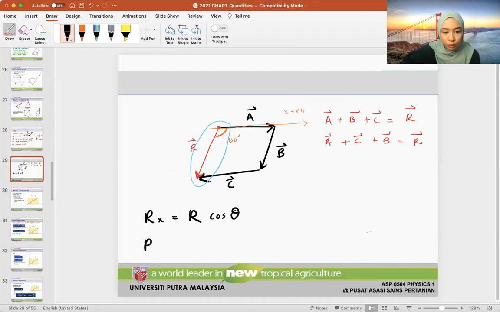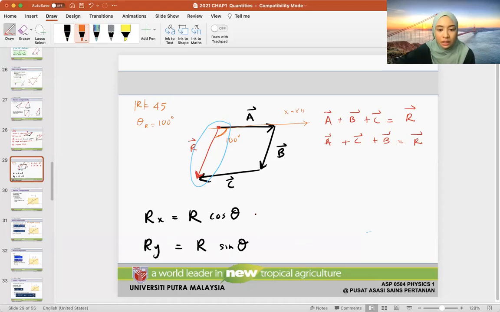And if I want the y component of the R vector, I need to multiply the magnitude with the sine of the angle. So for instance, the angle of R is 100 degrees and the magnitude of R is 45.